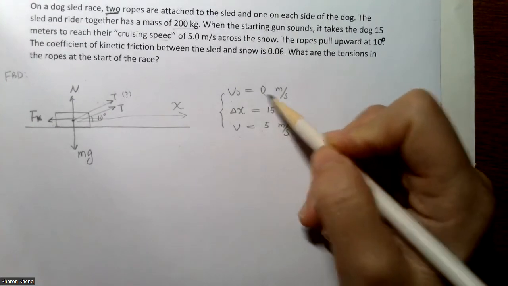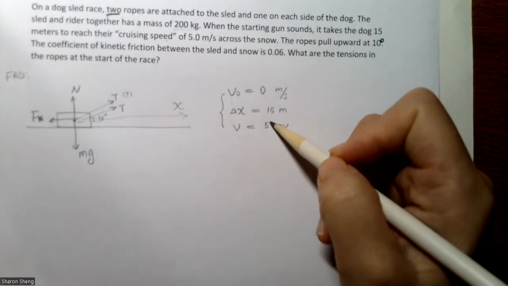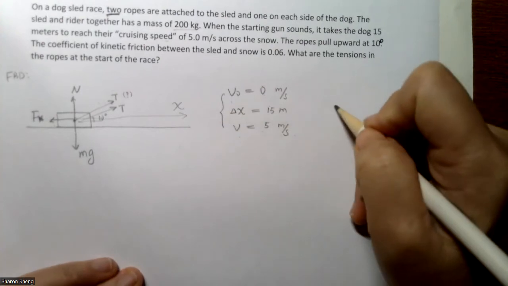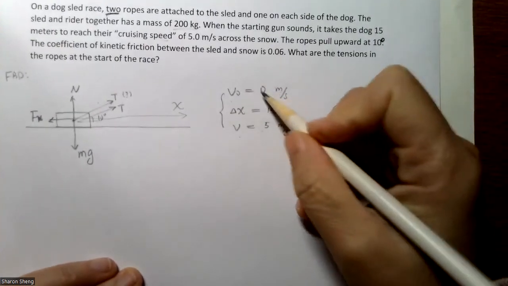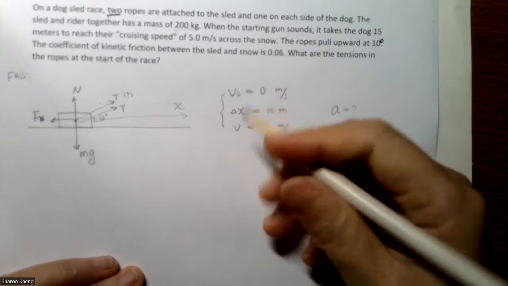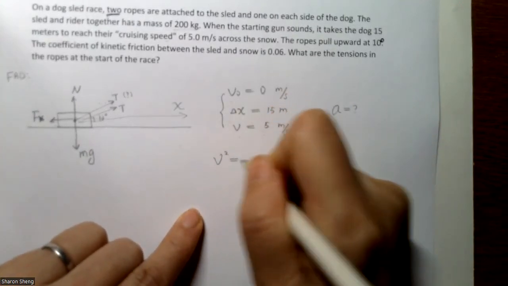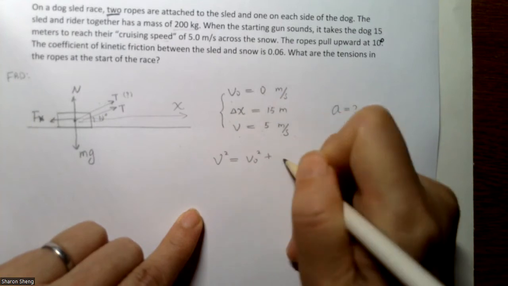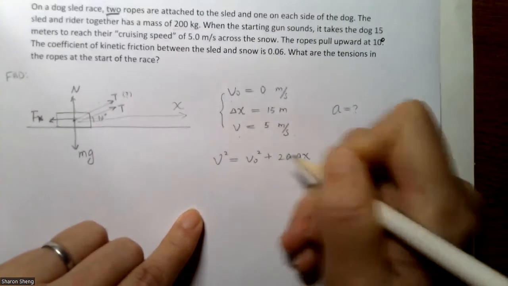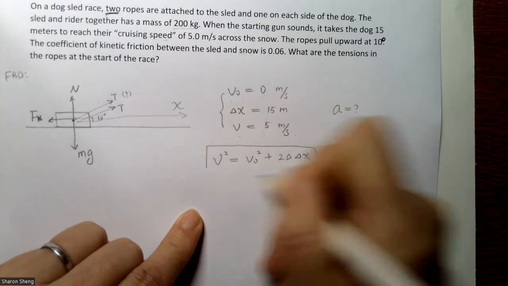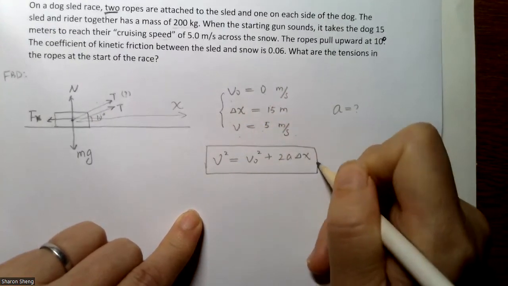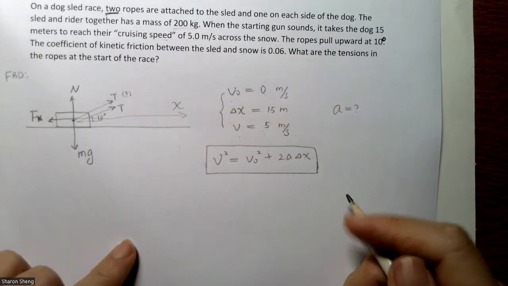Because the motion information is given, are we able to find the acceleration from the given information? We have v squared equals v sub 0 squared plus 2a delta x. This is the formula we can find from our formula sheet.